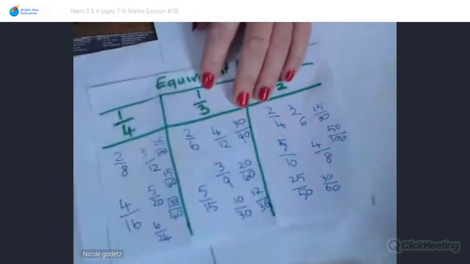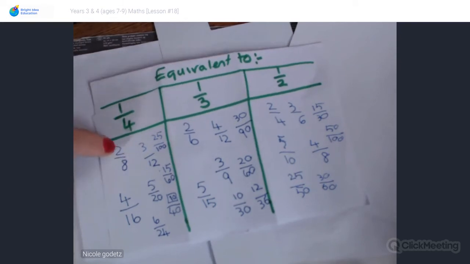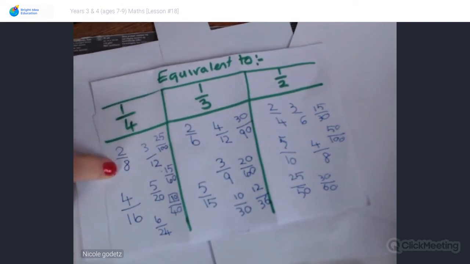Okay. So let's open up our equivalence chart now, and let's make sure that we are really focused on those ratios. When we're doing equivalence, if it's a quarter equivalent, the denominator has to be 4 times bigger.